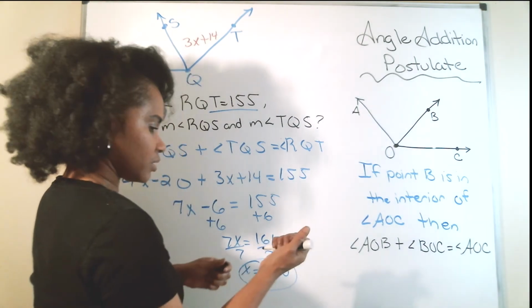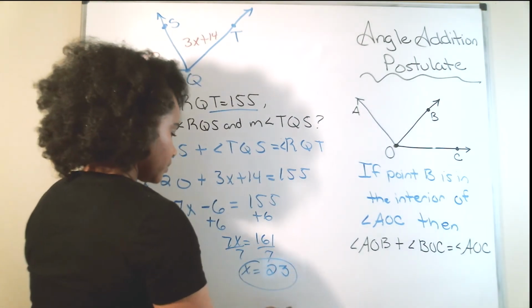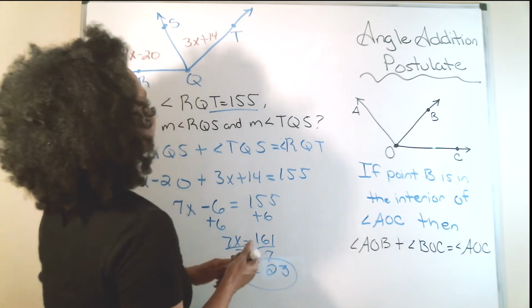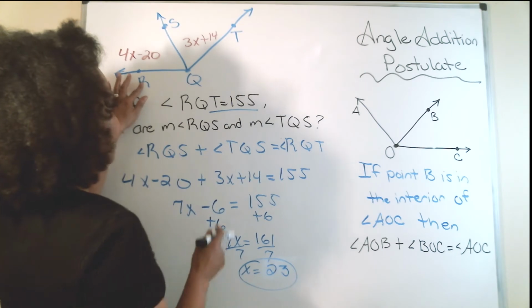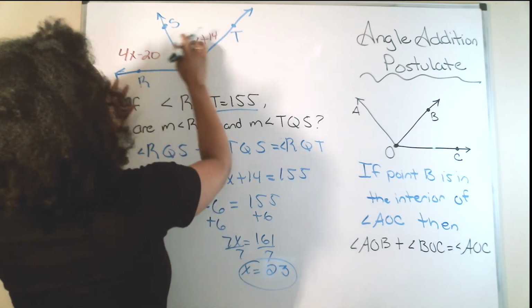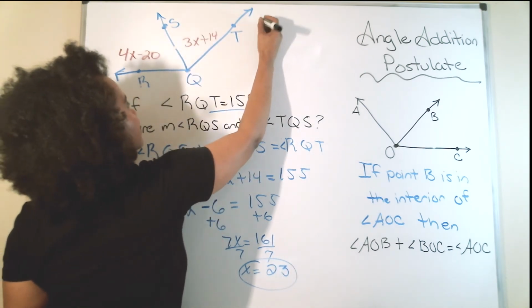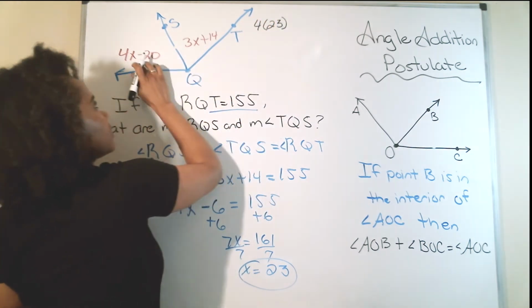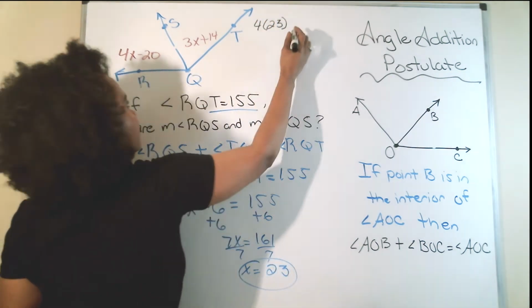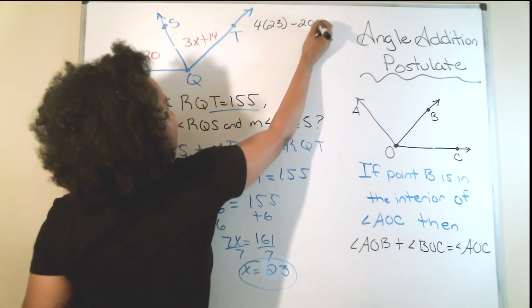Let's change colors here. That marker was drying out. All right. So for RQS, I'm going to plug in x: 4 times 23, plus minus 20.